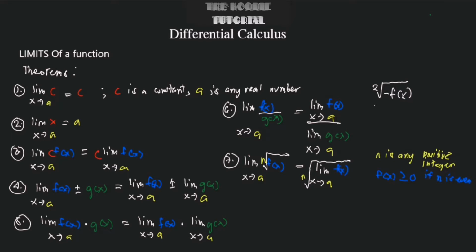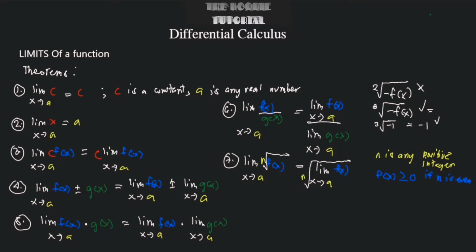However, if we have an odd radical right here, like a cube root of negative f of x, this one is good. We can evaluate this. For example, the cube root of negative 1 is equal to negative 1. So this is good. However, if these conditions aren't met like this, it is not going to be simplified. So that is what would happen if these conditions aren't met.